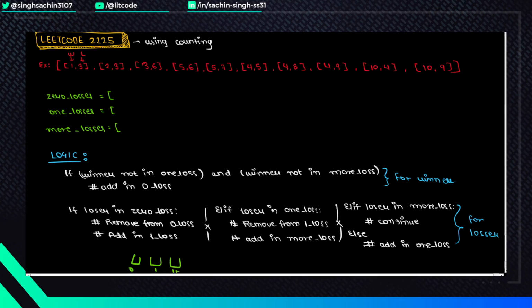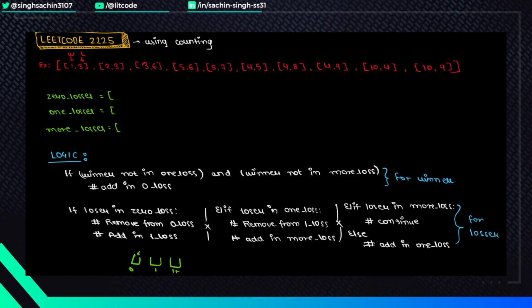As soon as we get the first winner, we'll put him in the zero bucket, and the loser will go in the one bucket. For example, consider the value 1 comma 2. 1 was the winner, so 1 will go here, 2 will go here.